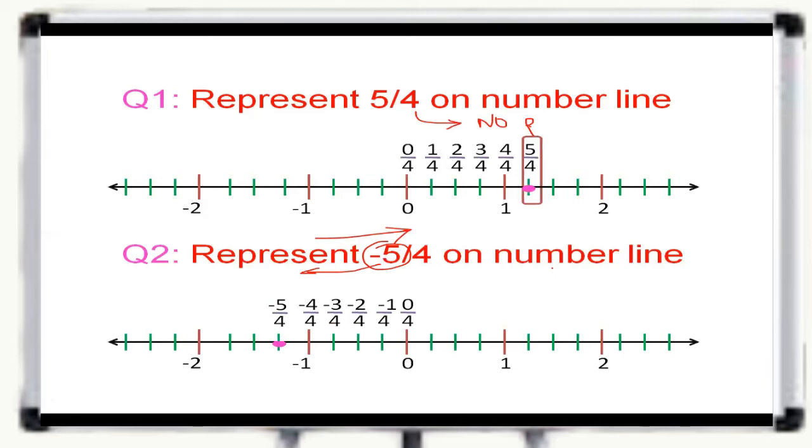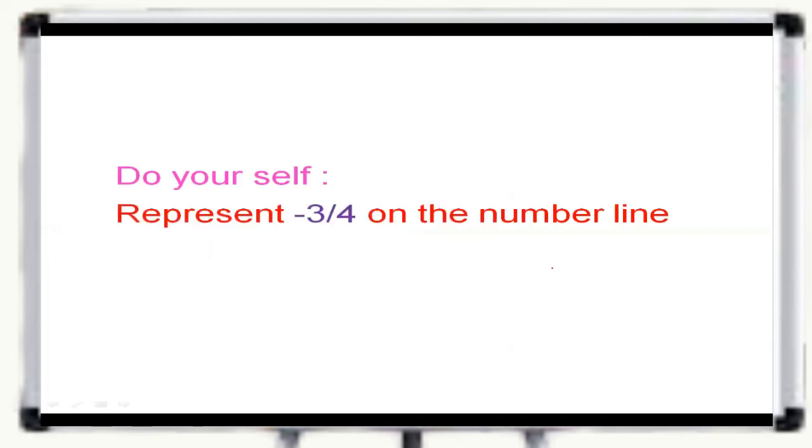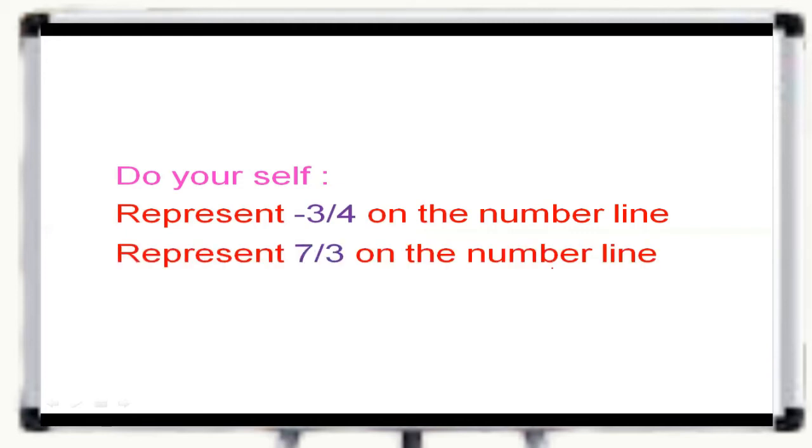So put a point on the number line and highlight it with a rectangular box, that is minus 5 by 4 on the number line. So now try it yourself. The first question is represent minus 3 by 4 on the number line, and the second question is represent 7 by 3 on the number line.